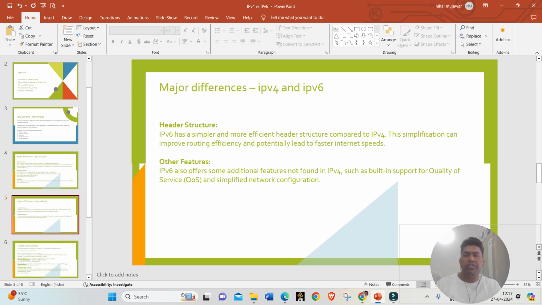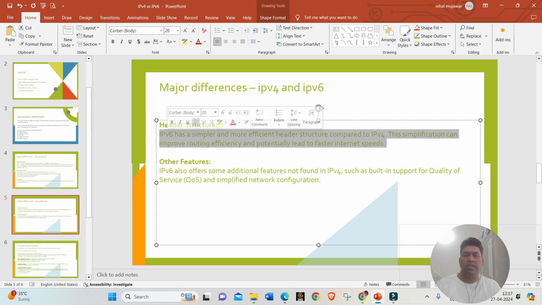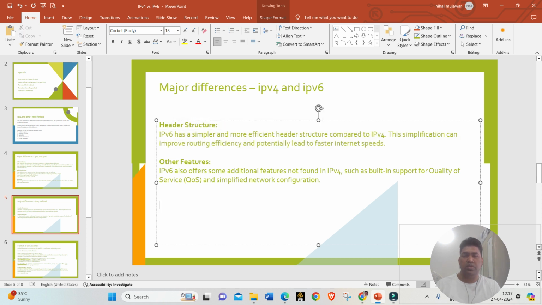We have some more differences in terms of header structure as well as other features. IPv6 has a simpler and more efficient header structure, and because of that simpler header structure, this improves routing efficiency and potentially leads to faster internet speeds. That is another important difference between both.